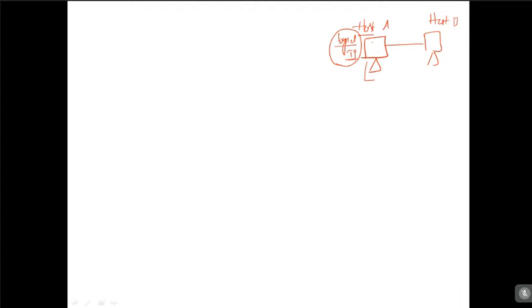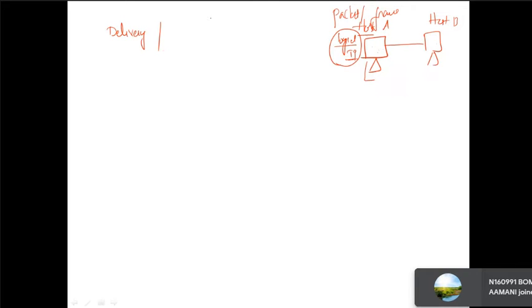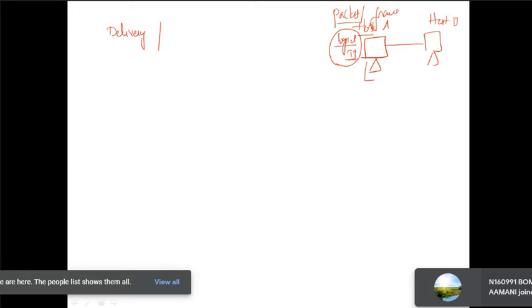And if there is any data readily available at this host, suppose a packet or a frame is available at host A to be sent to host B, how is host A going to deliver this packet or frame to host B? Based on the addresses, we are going to study how this packet or frame is delivered and how it is routed.